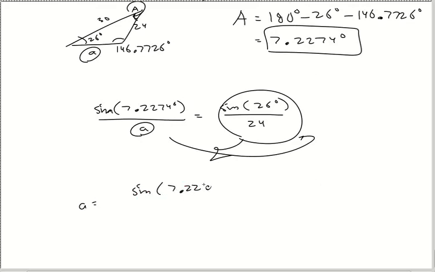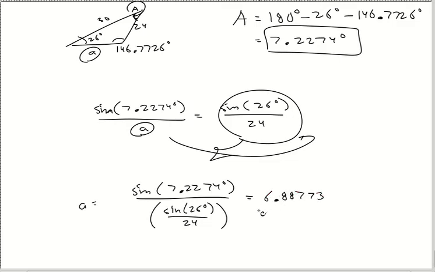Okay. This was a very long problem, but as you know, I was talking about it a lot. If you were to go back and do another problem like this, I wouldn't talk nearly as much about it. I would just do it. So there's a lot of teaching moments in here. This is 6.88773. So that's a unit, so that's a side.